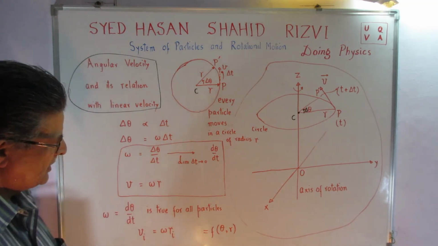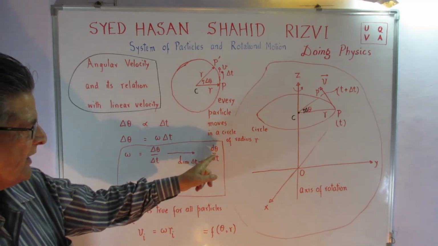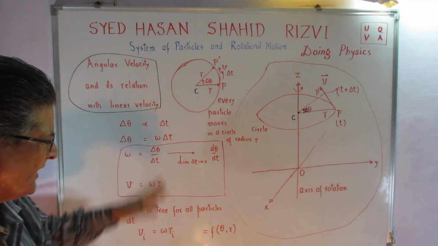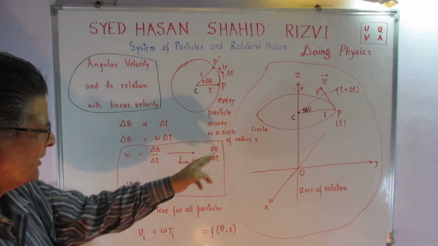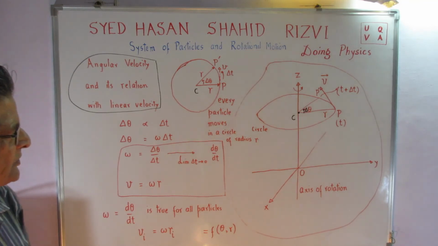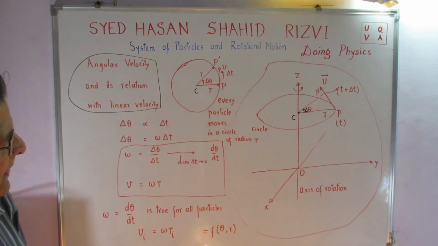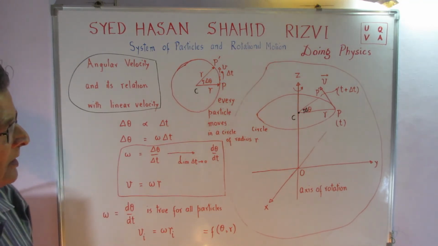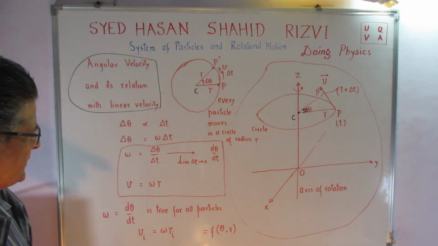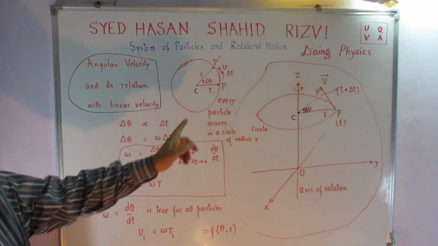Theta is in radians and t is in seconds, so the unit associated with omega is radians per second.